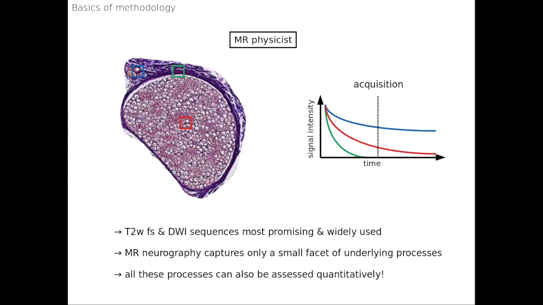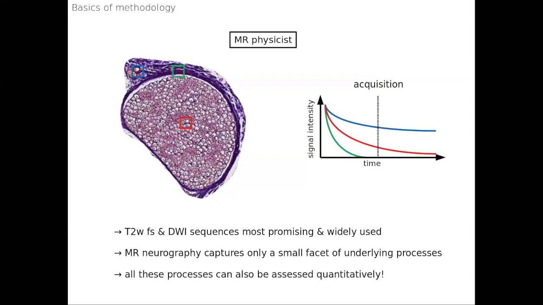So next to the tissue properties that govern the signal in the peripheral nerves, it is also the acquisition sequence. And why is that important to remember? As you can see, depending on the structure that will give the MR signal, we will have a decay of the signal with time that depends on the structure.